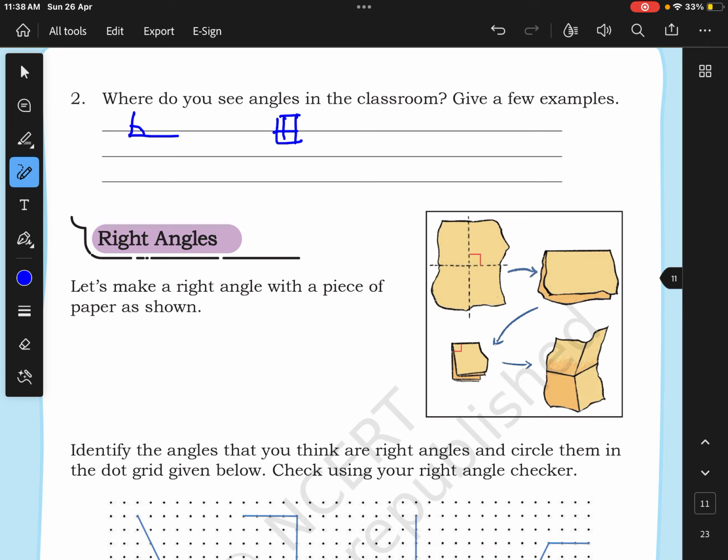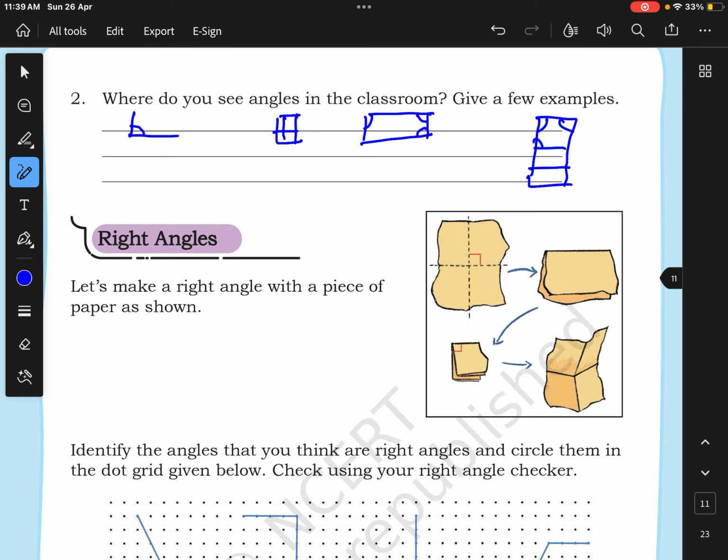Even at the blackboard, each corner of the blackboard creates some angle. And the lockers in the classroom. Lockers means almirah. So there are some shelves or almirahs in the classroom which also have angles like this.